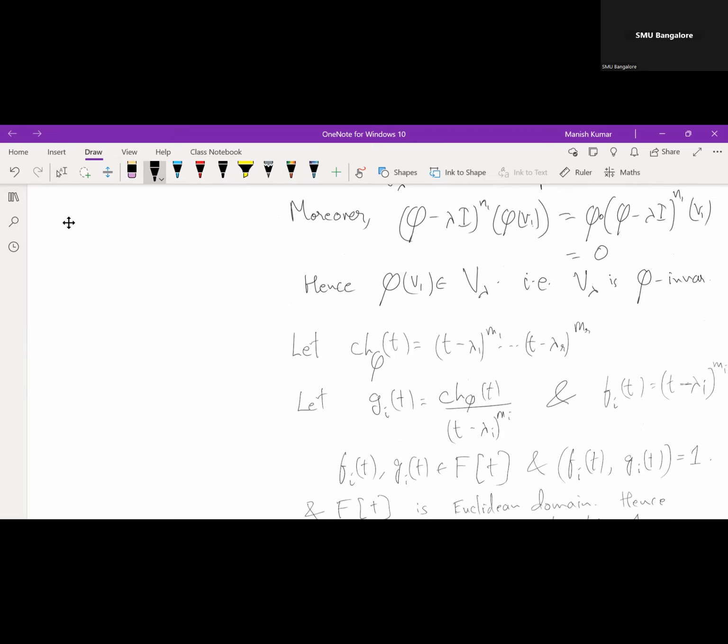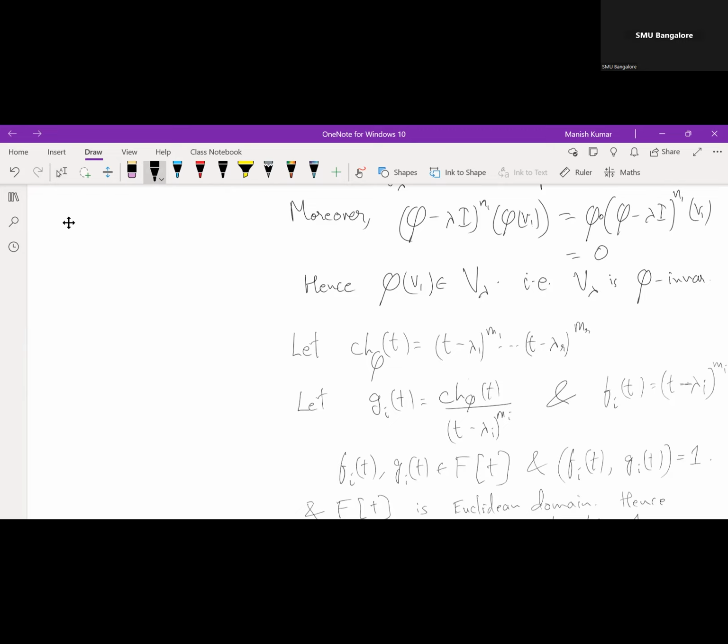So Gi is again a polynomial. I've written it as a ratio, but basically what I'm doing is removing one of the eigenvalues in some sense. And Fi is the other piece, (t minus lambda i) to the power mi.